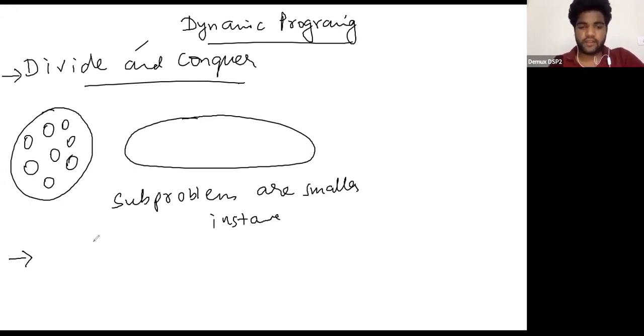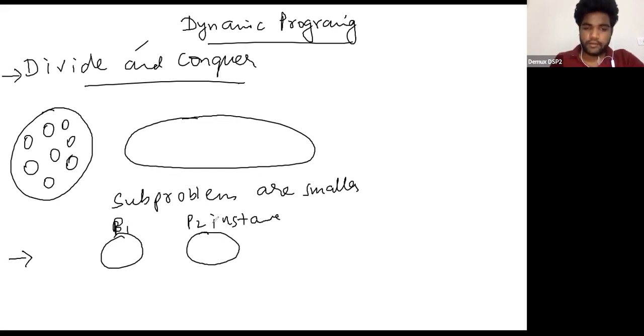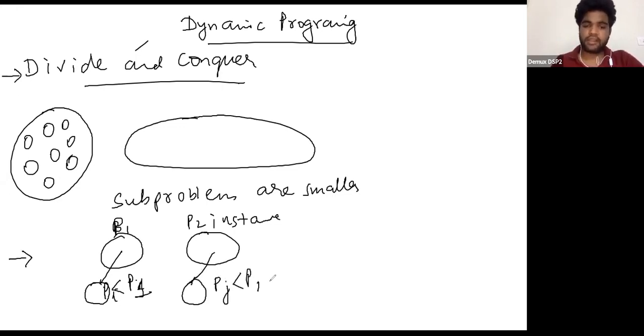So when you are solving a bigger problem, let's say you are solving two problems, P1 and P2. When you are solving P1, you will solve it by solving a smaller problem Pi, which is smaller than P1. For solving P2, you will solve a problem, let's say Pj, which is smaller than P2.